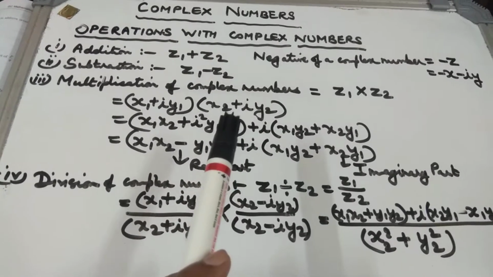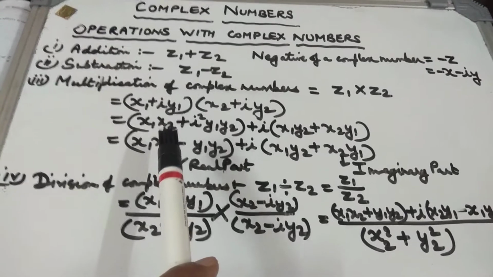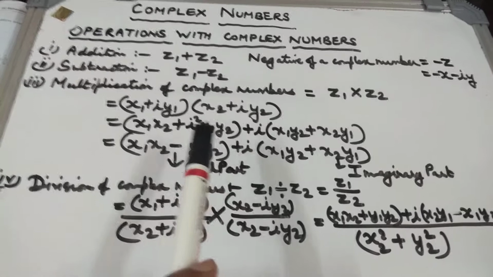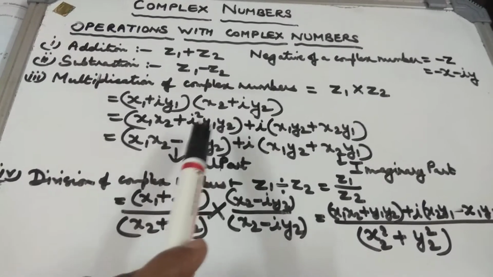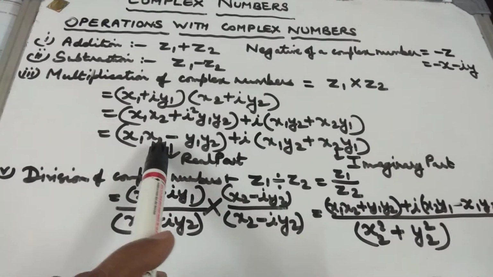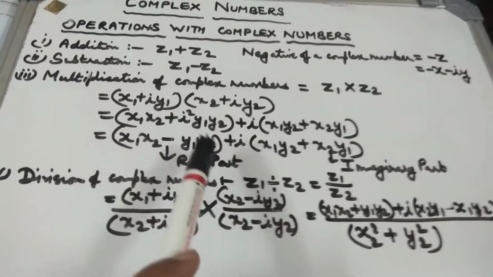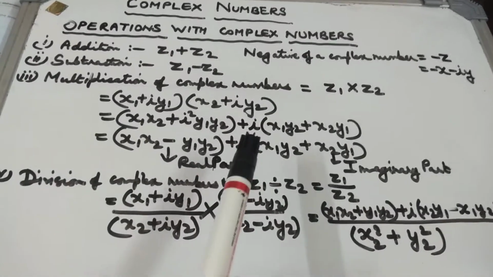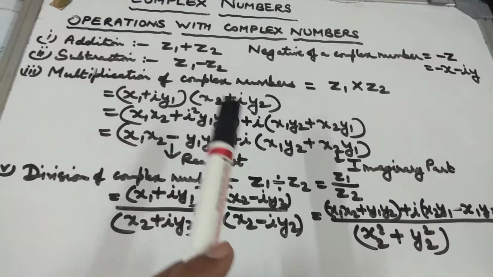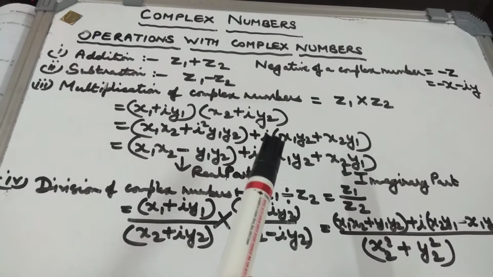Now I have done it as x1 into x2, term wise multiplication is to be done, then plus i square into y1 y2. I square because this will be coming as a real part. I square could be replaced by minus 1. So x1 x2 minus y1 y2 will be the first portion, that is called the real part, plus i into x1 y2 plus x2 y1, term wise multiplication as I mentioned.